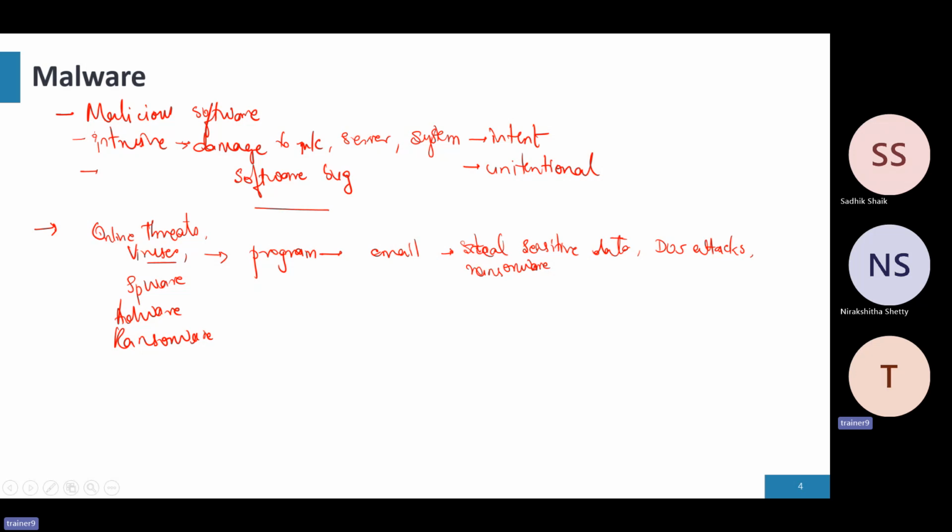That is the reason they say that one important way you can stop viruses from spreading is by avoiding any kind of download or attachment. So it is very important to understand this.